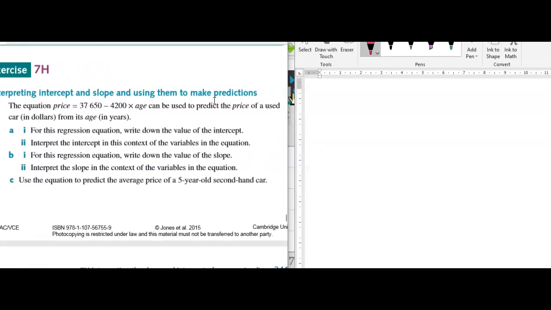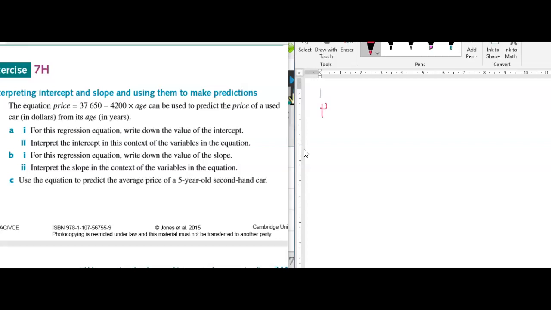The equation price equals 37,650 minus 4,200 times age can be used to predict the price of a used car from its age. We need to write down the value of the intercept and interpret, write down the value of the slope and interpret, and then use the equation to predict the average price of a 5-year-old second-hand car.